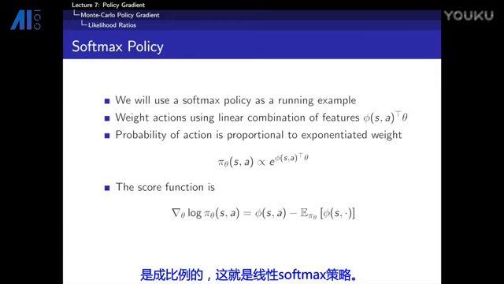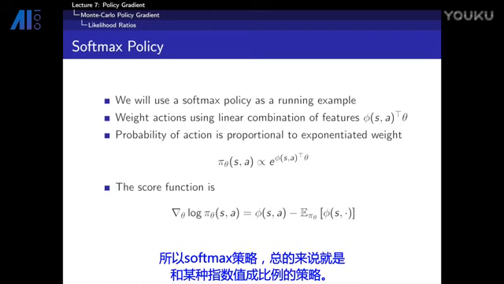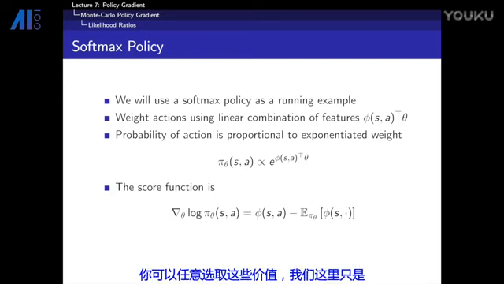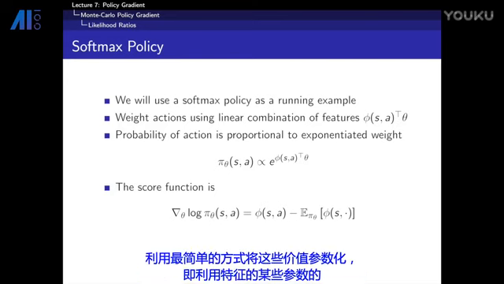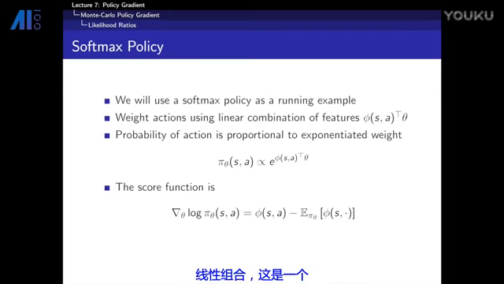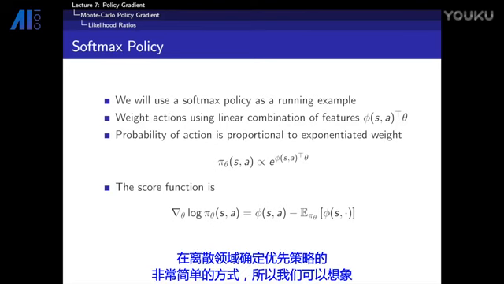So this is called the linear softmax policy. So a softmax in general is a policy that's proportional to some exponentiated value. And you can choose those values to be anything you want. And here we're just parameterizing those values in the simplest possible way by using a linear combination of some parameters with our features. So this is a very straightforward way to parameterize the policy in a discrete domain.